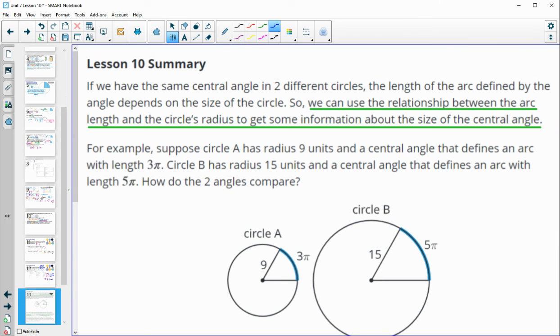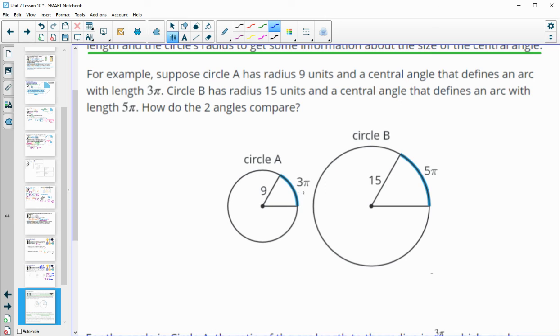All right, so the lesson 10 summary: we found out that we can use the relationship between the arc length and the circle's radius to get some information about the size of the central angle. If we divide the arc by the radius and they're the same, so 3 pi divided by 9 simplifies to pi over 3, and 5 pi over 15 also simplifies to pi over 3, then we know these central angles are the same, since the ratios of the arc length to the radius were the same.